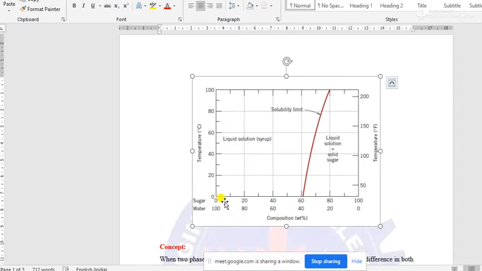Okay, this x-axis is representing the percentage of sugar and water. There are two lines, one is for sugar, one is for water. At the initial stage, weight percentage of sugar is 0 and weight percentage of water is 100. This is not any representation of mass.